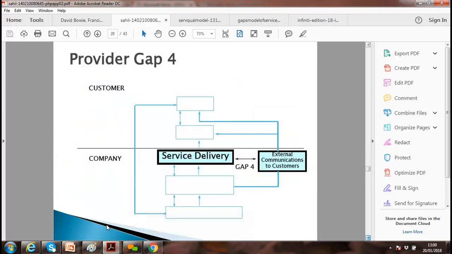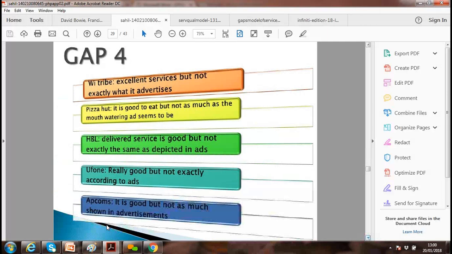Then we have gap 4. Same companies, excellent service, but not exactly what they advertise. We advertise something, we said 70% price drop, but actually they did not drop 70%. They dropped only 30-40%. So that's not excellent.